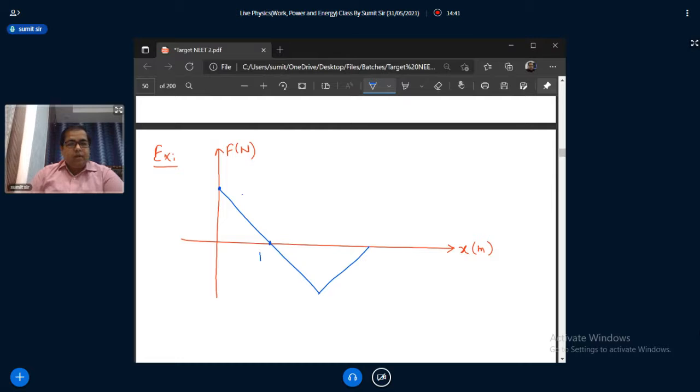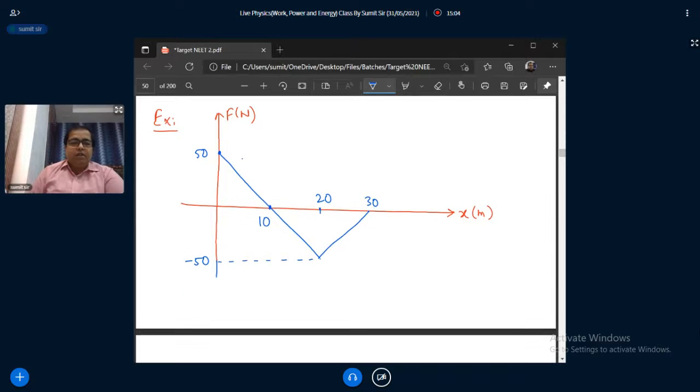This is 10, 20, 30. It starts from 50 Newton and goes to minus 50. Calculate the net work done by the force.